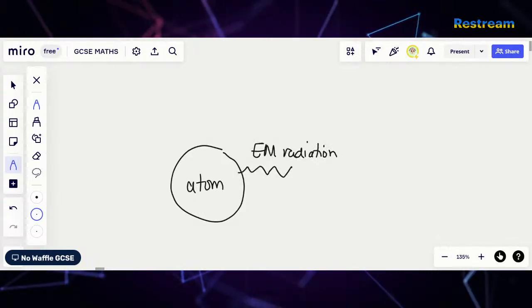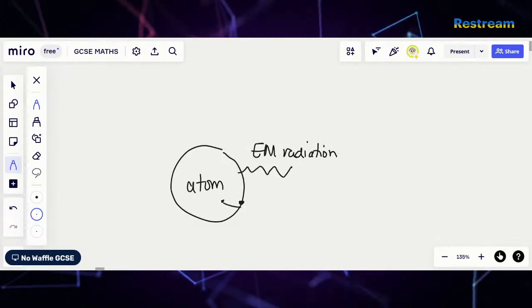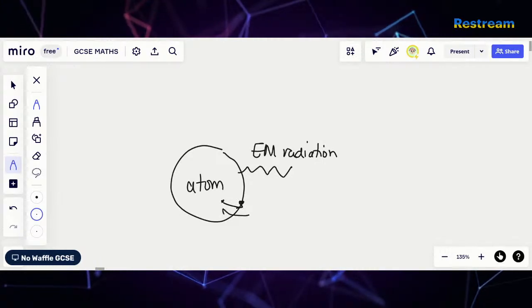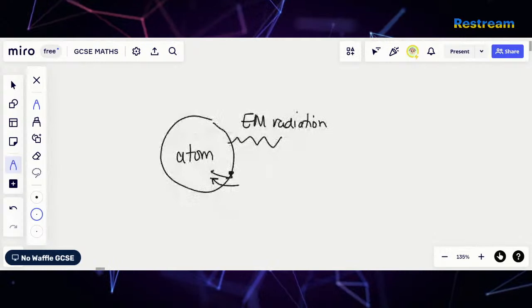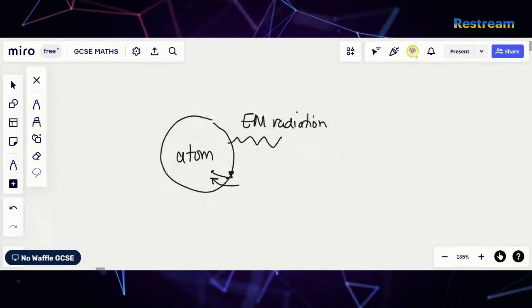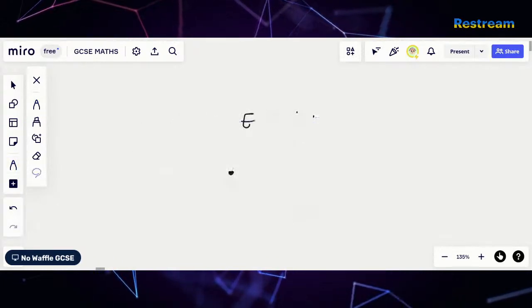An electron can move from a lower energy level to a higher energy level, release its radiation, and then return back to where it originally was. And that's just some background information as to how some radiation works. Okay, let's just clear that.